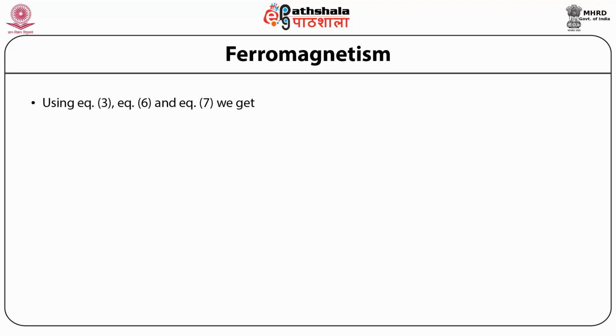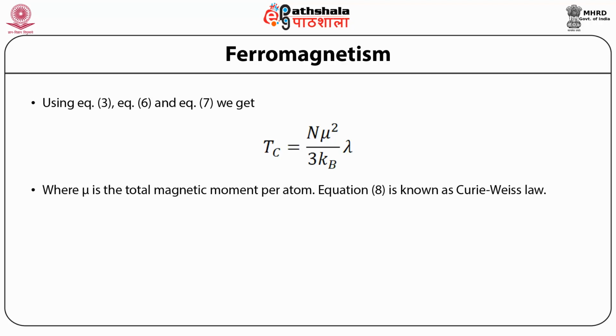So using equations 3, 6 and 7, we get T_C equal to n mu squared lambda over 3 k_B, where mu is the total magnetic moment per atom. This equation 8 is known as the Curie-Weiss law.